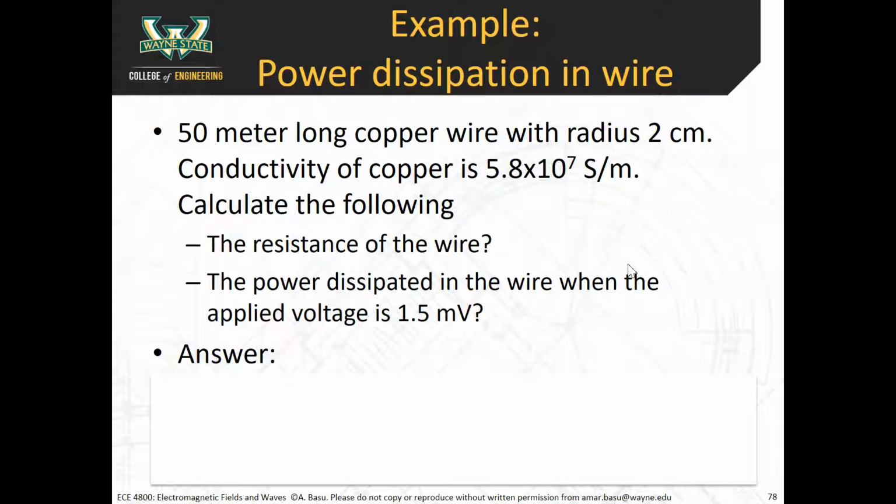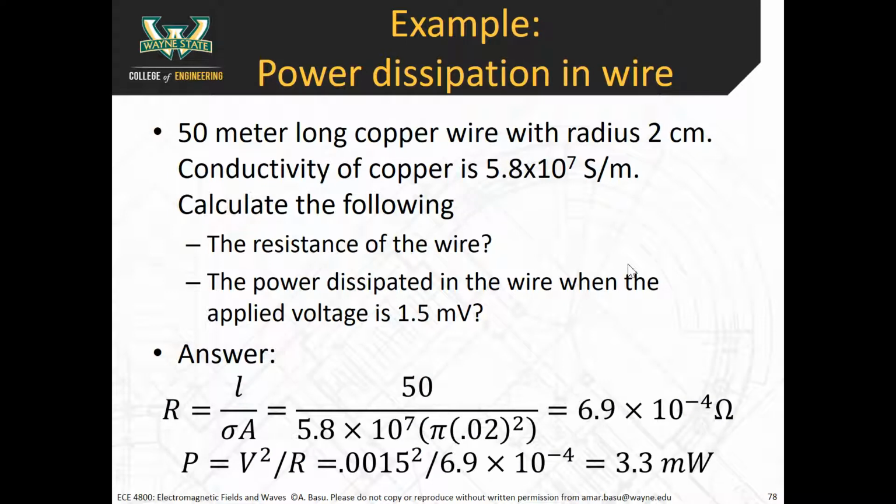That sounds about right. 6.9 times 10 to the negative 4? That sound about right? There you go. R is equal to L over sigma A. Yeah, 6.9 times 10 to the negative 4.